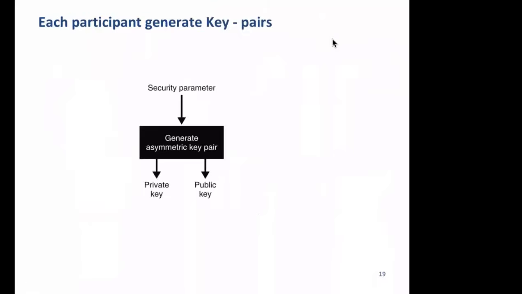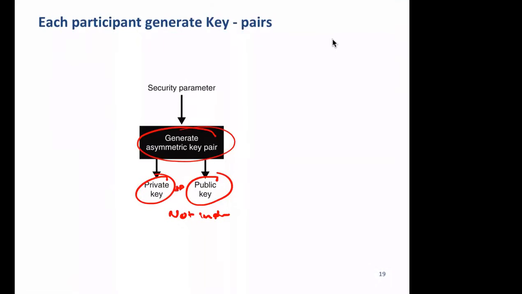Again, pictorially, the first step is to generate a private key and public key. These keys are generated based on some parameters, such as the size of the key, and there is an algorithm to generate these two keys. They are not independent; they are dependent.